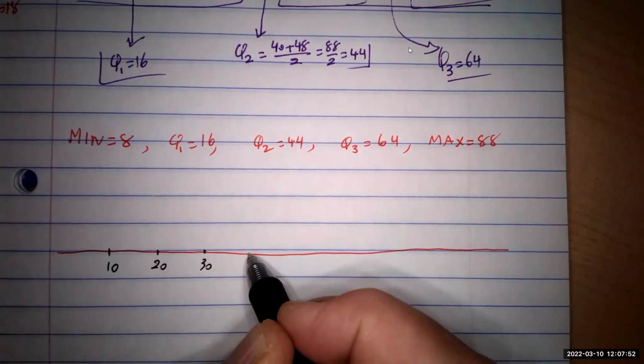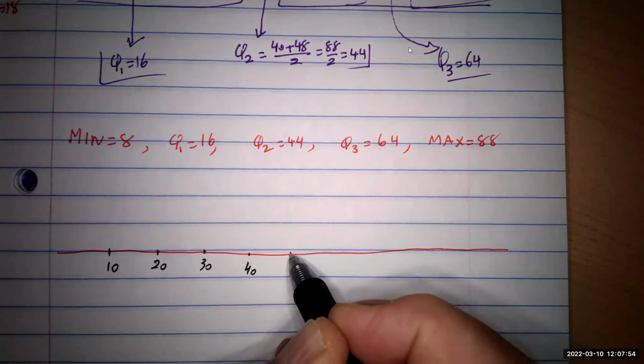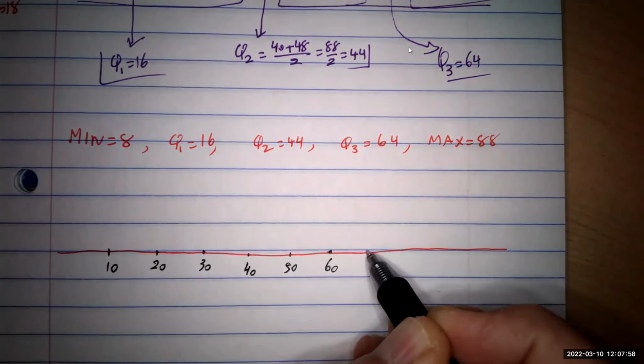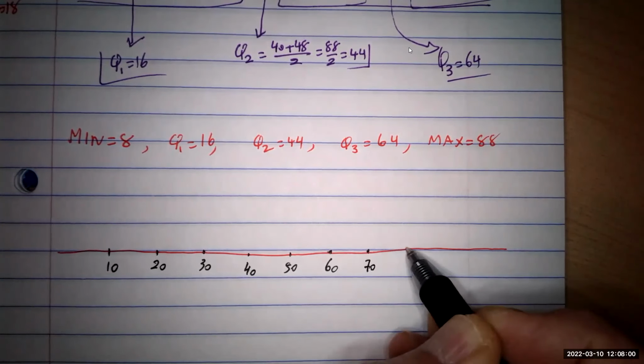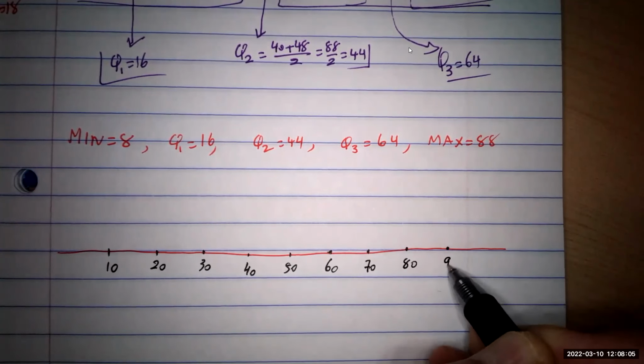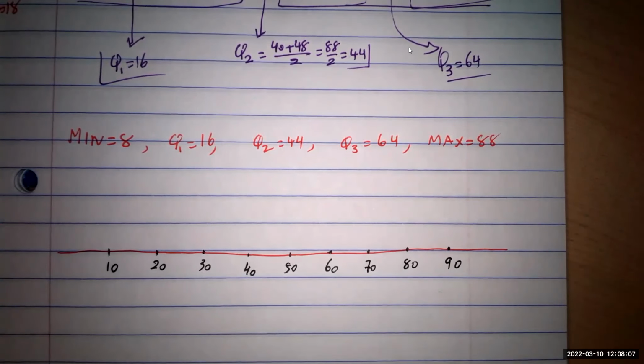So that would be 40, 50, 60, 70, 80, and 90 over here. Because the maximum is 88, so we have to go as far to get that number.